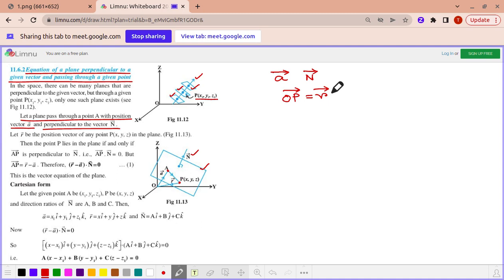So OP vector is r. Now the fixed point A has the position vector a. That means OA vector is nothing but the vector a. Let me write the vector a properly. And we have the vector which is perpendicular to the plane, that is the vector n.